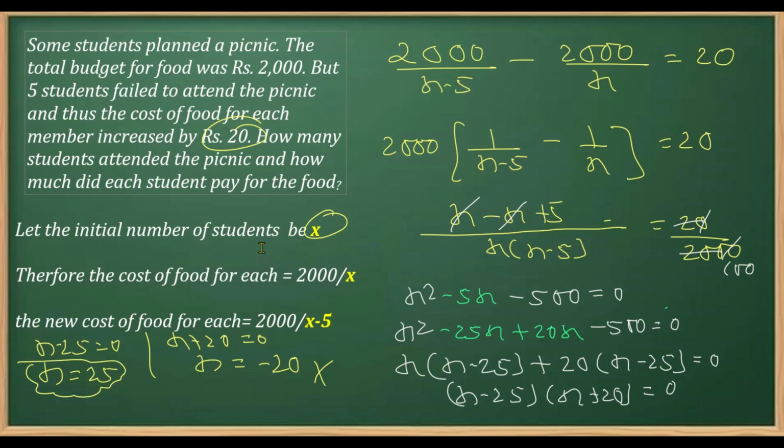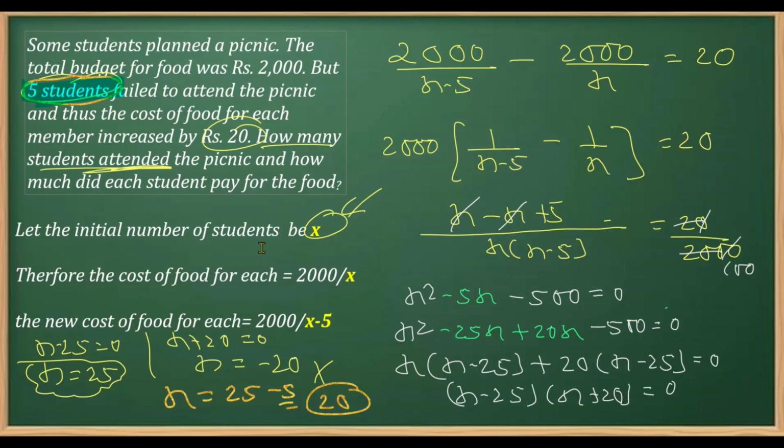But you should know how many students attended. Well, X number of students actually planned, but all of them did not go, as 5 students did not go. So we'll say that the number of students who actually attended has to be 25 minus 5, as 5 students did not go. So 20 students actually attended.